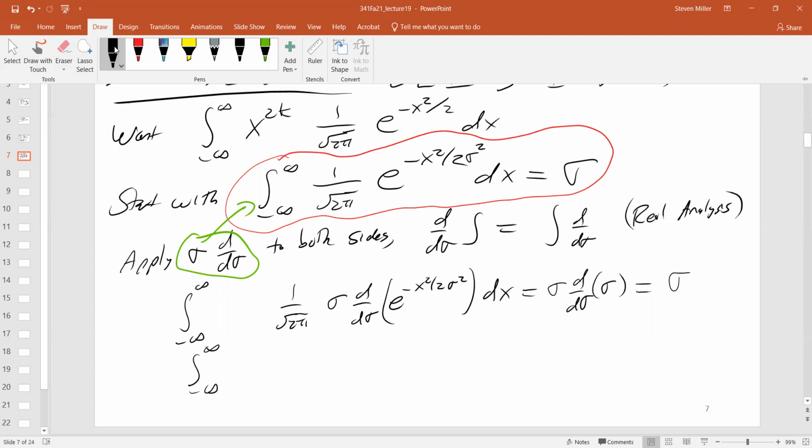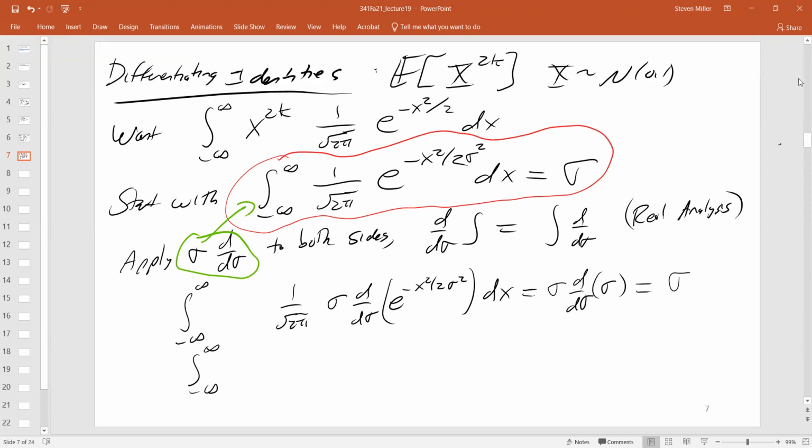So now when we take the derivative, what is the derivative of e to the negative x squared over 2 sigma squared? That's negative x squared over 2. And we have a sigma to the negative 2 that becomes a negative 2 over sigma cubed.